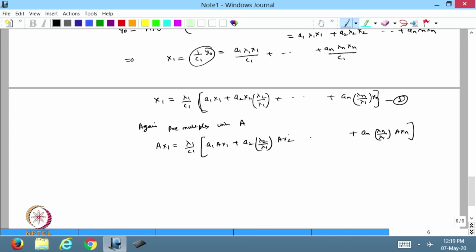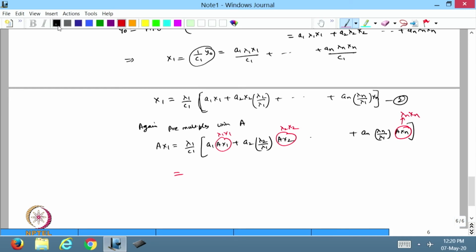Now, this A x1 is lambda 1 x1, this is lambda 2 x2, this is lambda n xn.